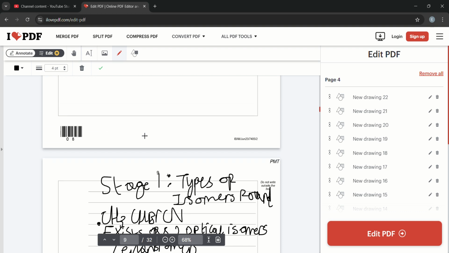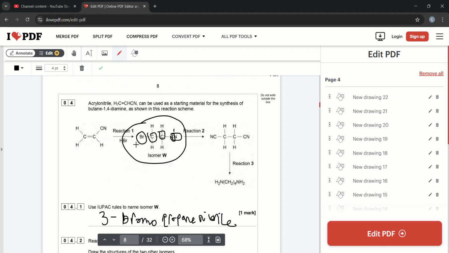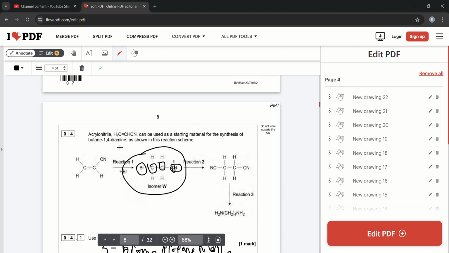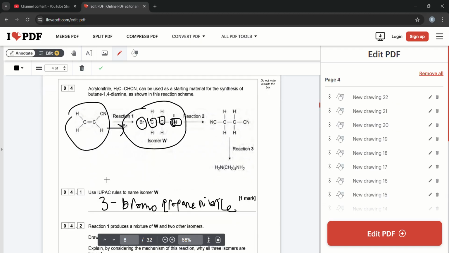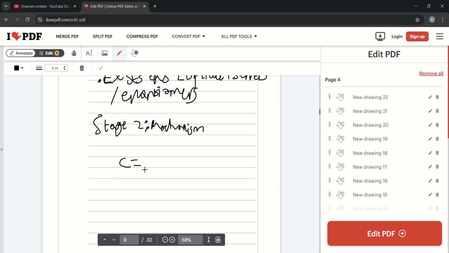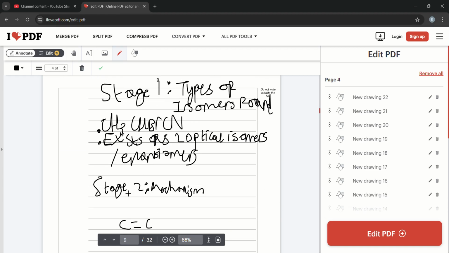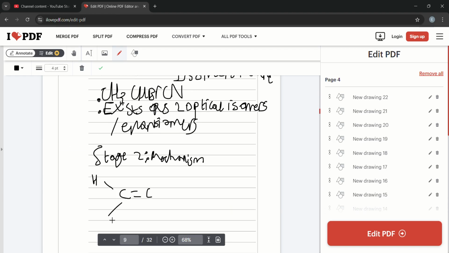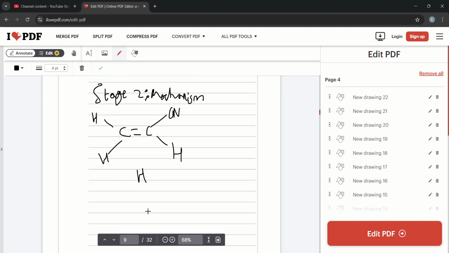So, how do we form isomer W? Well, we've got this reaction with a hydrogen halide, hydrogen bromide, to form 3-bromopropanenitrile. The hydrogen is partially positive, bromine is partially negative.